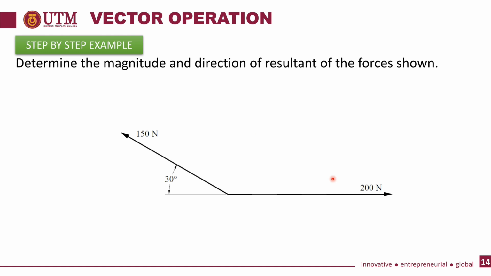Okay. Next is a step-by-step example. This question asks you to determine the magnitude and direction of the resultant of the forces shown. In order to find the resultant force, what should you do? Based on our previous lesson, this is tails meeting with tails, so you should use the parallelogram law.